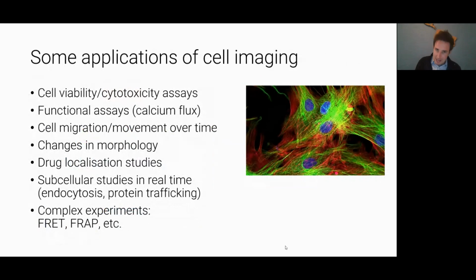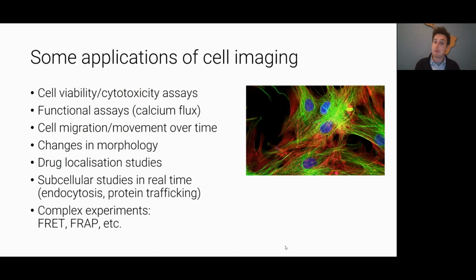So what are some of the applications then, coming to the last part of this talk, of cell imaging? Well, many laboratories use fluorescence to measure cell viability and cytotoxicity. It can also be great for measuring things in real-time functional assays. So looking at calcium flux, for example, is one type of experiment that has really done very, very well in this fluorescence modality.